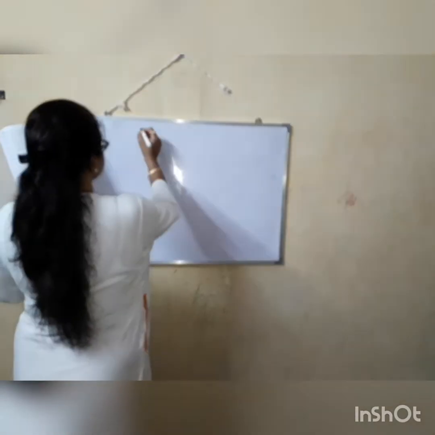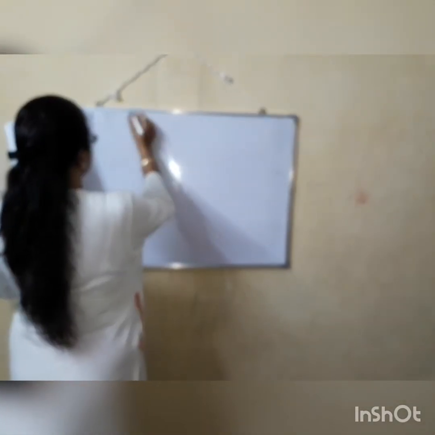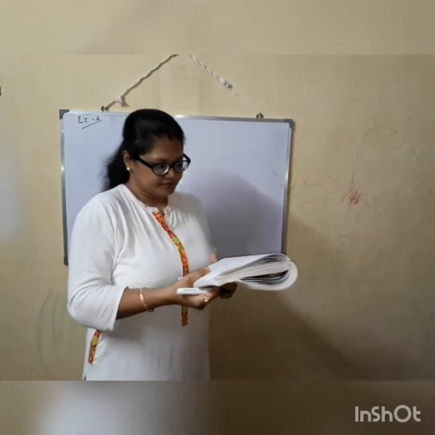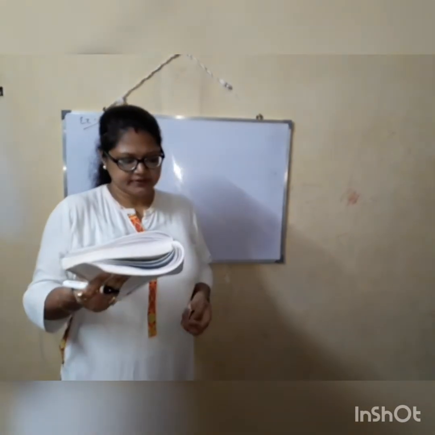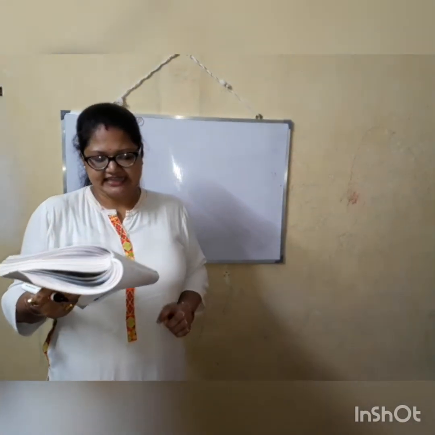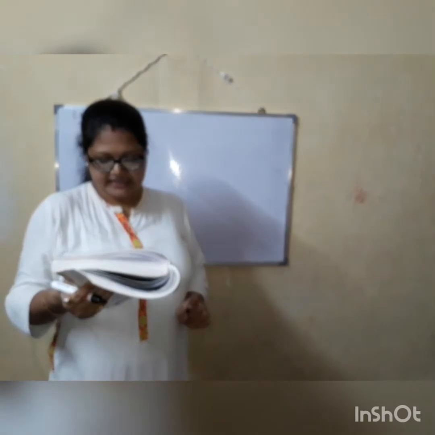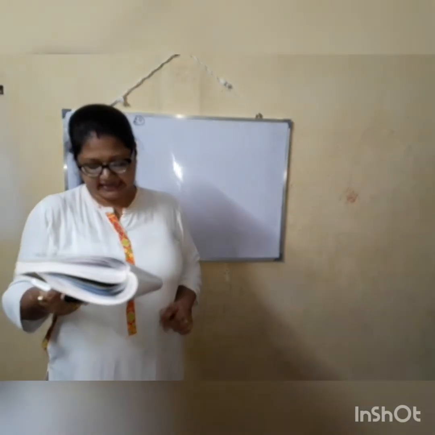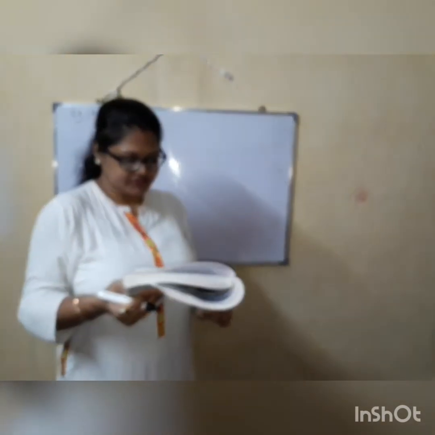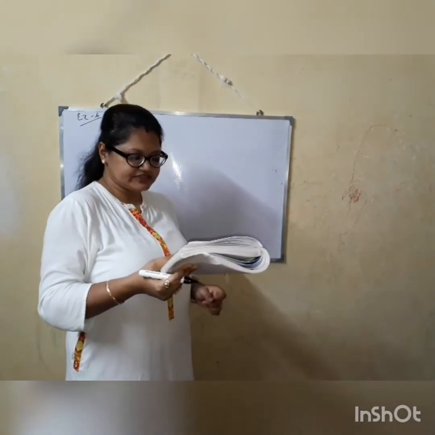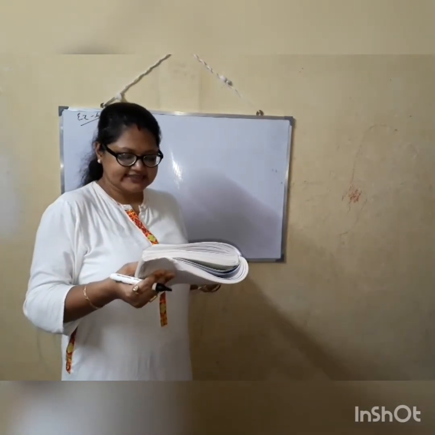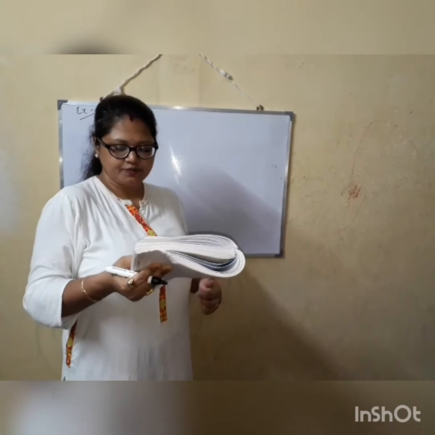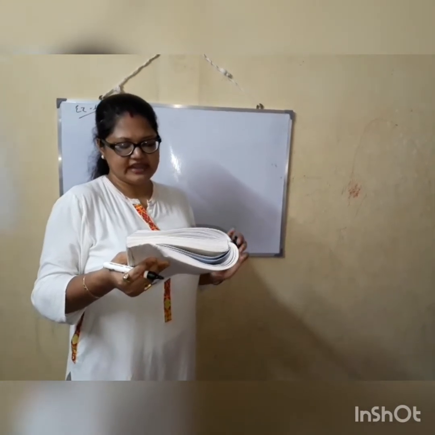Sum number 20 is related to profit and loss. Let's see the sum. On selling a tea set at 5% loss and a lemon set at 15% gain, a shopkeeper gains rupees 70. If he sells the tea set at 5% gain and lemon set at 10% gain, he gains rupees 130. Find the cost price of the lemon set.